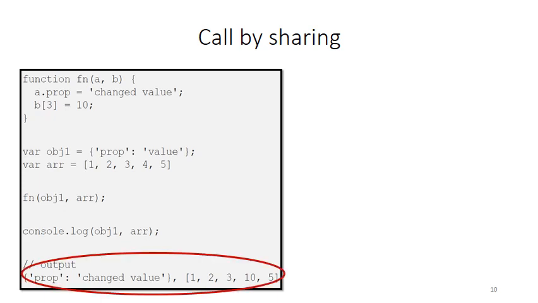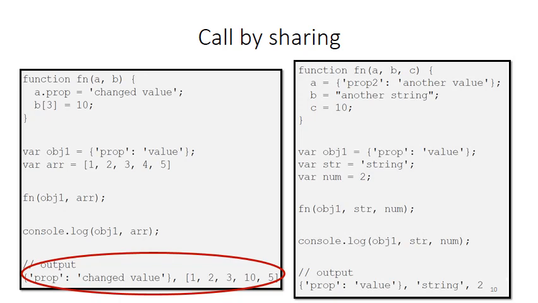Let's see another example. This program is similar to the previous one. Here again we have a function called fn which takes 3 input parameters, and then in the main program we have an object obj1 which has some value. Then we have a string which has the initial value string, and then we have a number which has an initial value 2.